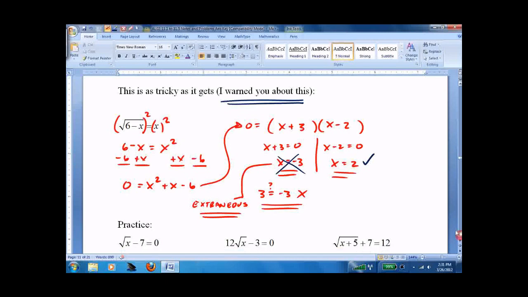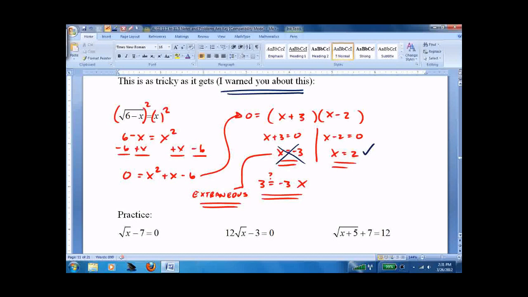Then try the next 3 problems yourself, see if you can do them. Pause the recording and go from there. I'm going to do them myself without much comment.